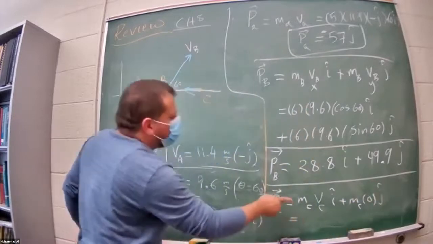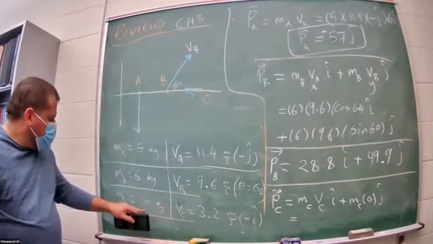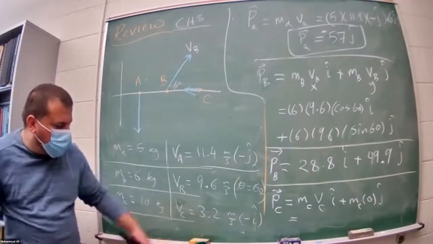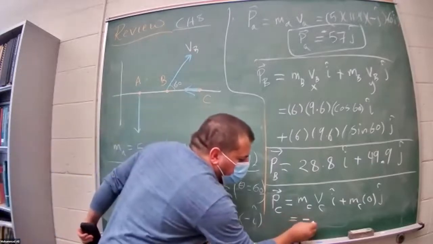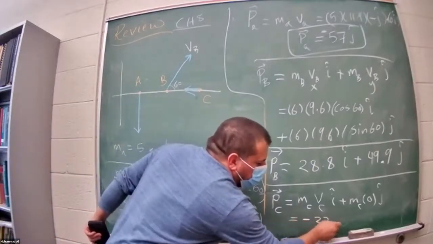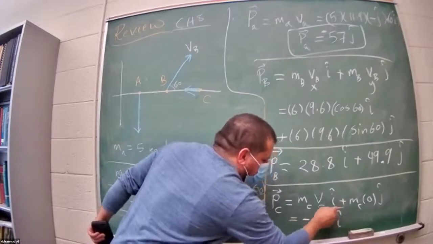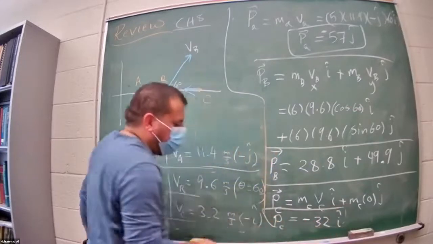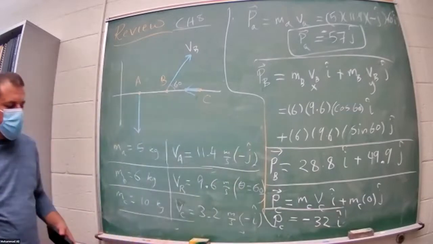This will be equal to the mass is 10, the velocity is 3.2 with negative sign. So it will be negative 32 I hat. This is the momentum for the particle C.